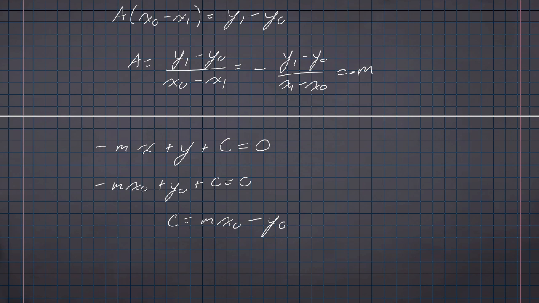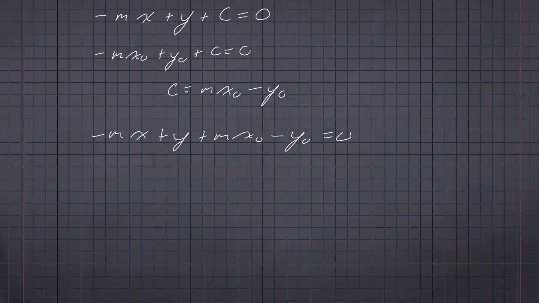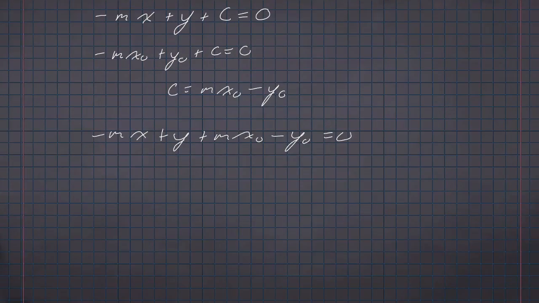Right? So c is m times x0 minus y0. And if I take that value of c and I plug it back into the general form one last time, I've got what I need. All that's left is to do a little bit of rearranging.